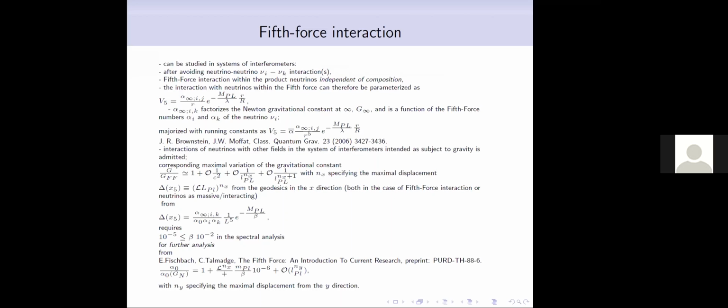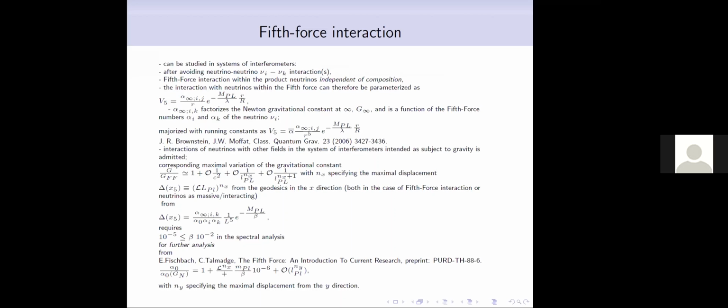And so this way it's possible to analyze the ratio between the evaluated gravitational constant and the constant due to the postulated fifth force.